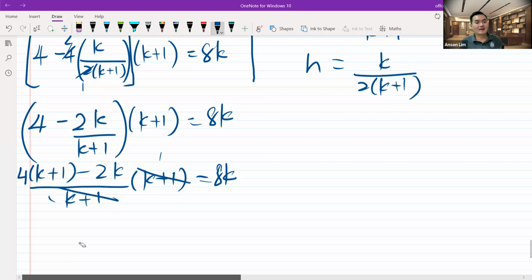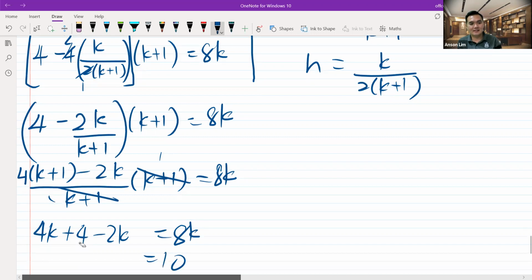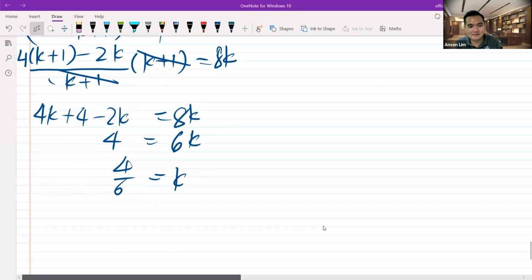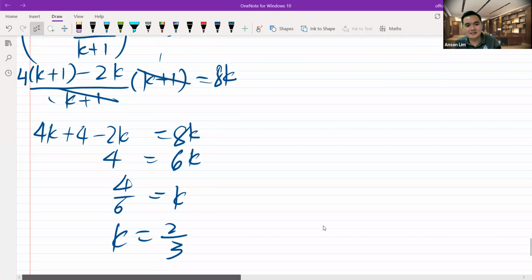Cut. Okay. Then you see 4k plus 4 minus 2k equals 8k lor. Then why 10k leh? Focus. 2k bring there, minus 6k equals to 4. So your k is 2/3, right? Yes. Do you get this answer?